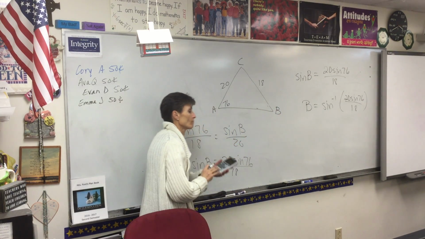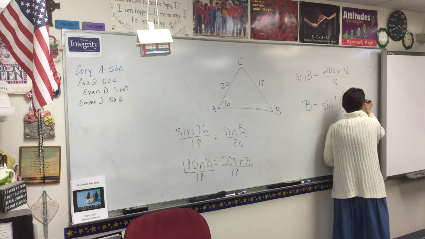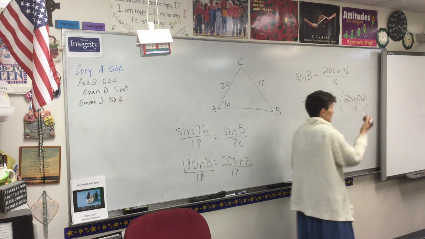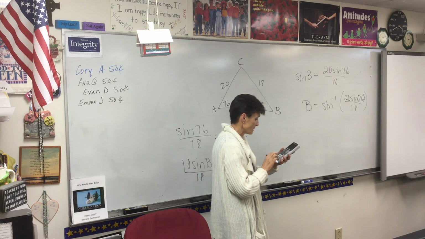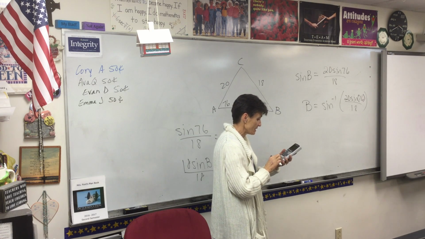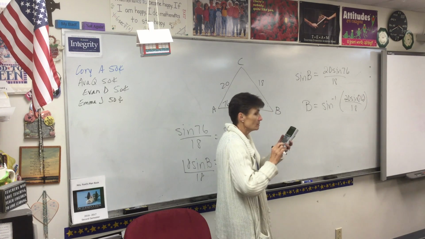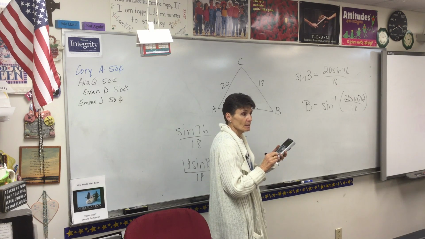Okay? Now, just like before, you need to close this parentheses right here, the one around the 76. Make sure you're closing it. So second sine, 20 sine 76 parentheses divided by 18. Error. Got an error. Zero answer.